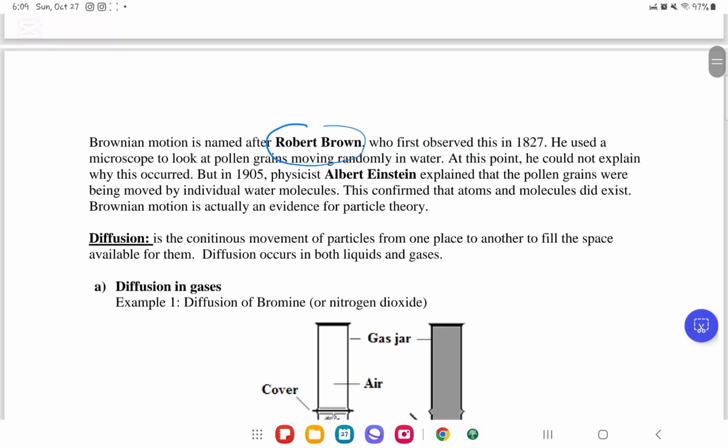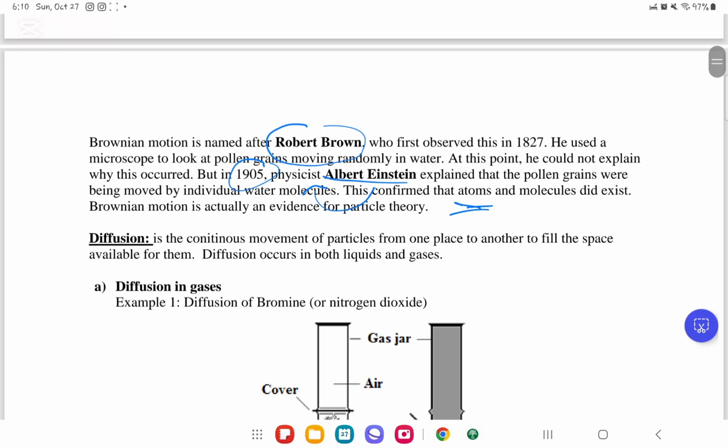But then, a couple of years later, in 1905, Albert Einstein, which I believe everyone knows, he was a physicist, explained that the pollen grains are being moved by individual water molecules, meaning the pollen grains are moving because of the motion of the atoms of water.